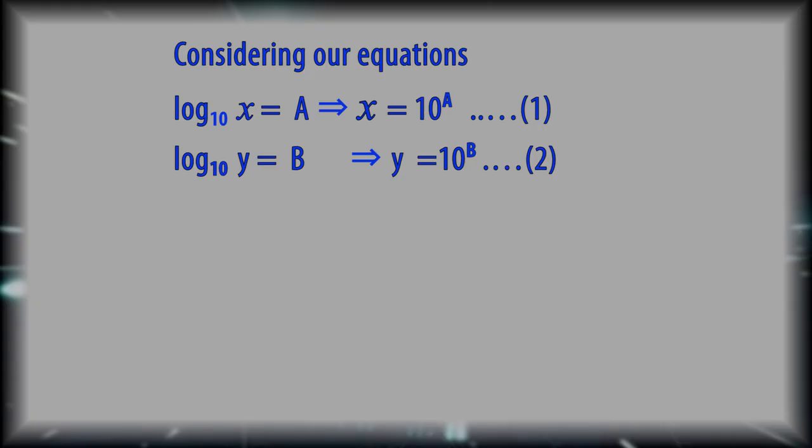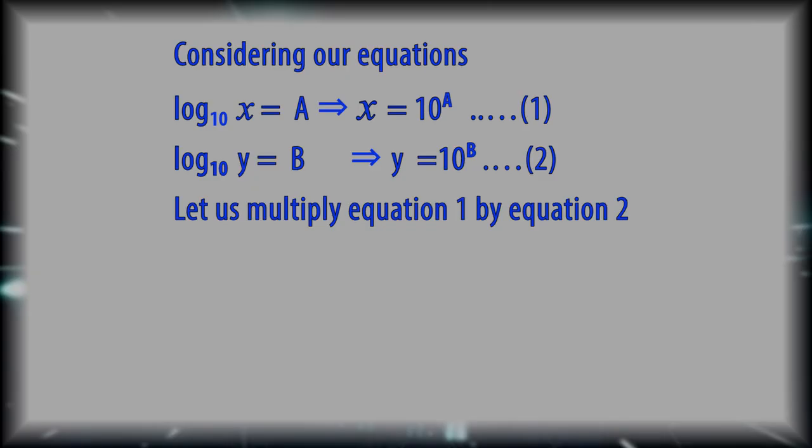Now, we are going to call these equations 1 and 2. Let us multiply equation 1 by equation 2. What that gives us is xy is equal to 10 raised to the power a times 10 raised to the power b.